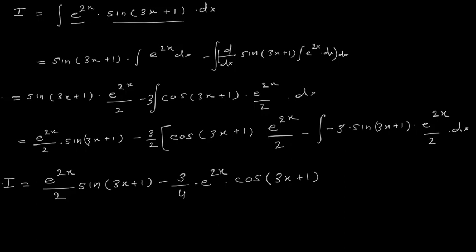Now 3 and 3 will be 9, 9 upon 4, integration of sin(3x+1) into e^(2x) dx.